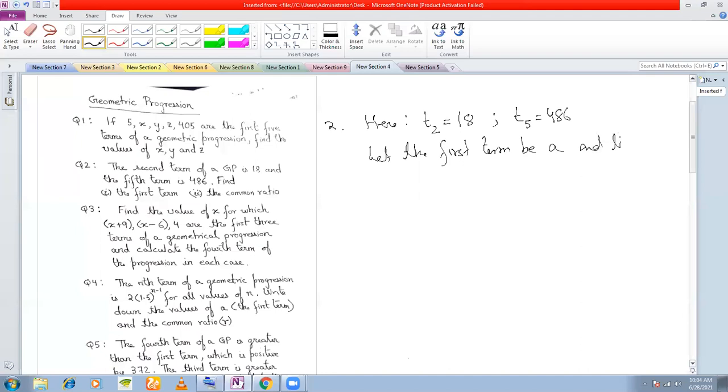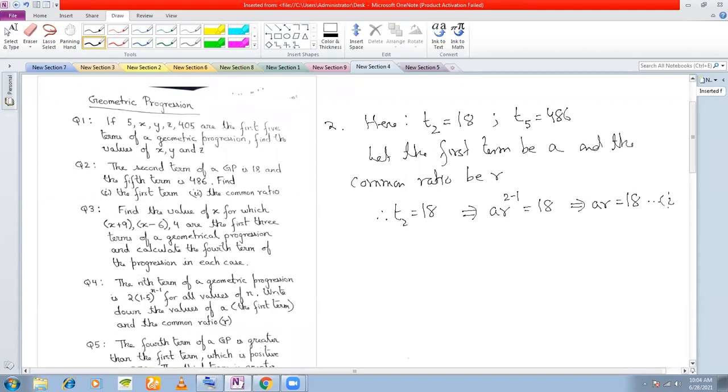And the common ratio be R. So therefore, T2 is equal to 18 means AR to the power of 2 minus 1 must be equal to 18. That means AR must be equal to 18, right?